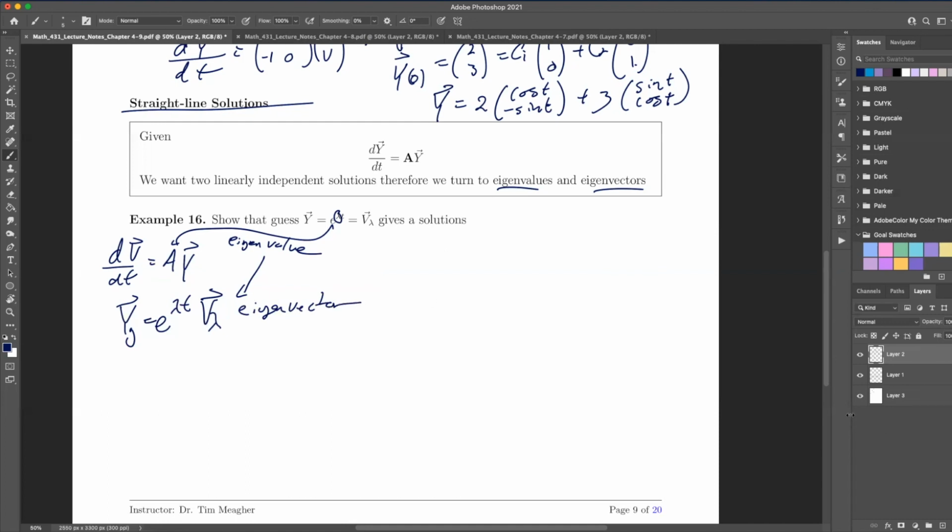So let's see what happens when I plug that in. Let's guess this solution and plug it in.